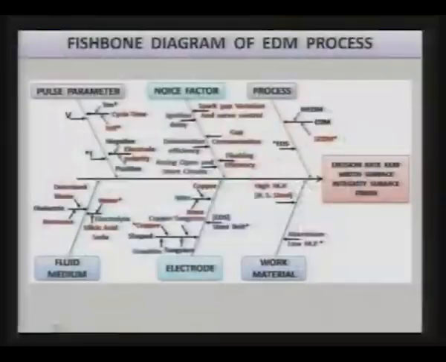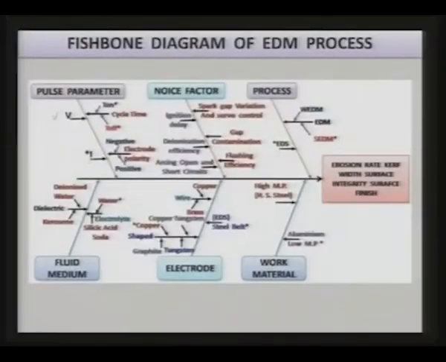First one is the voltage supplied across the circuit in general and breakdown voltage of the circuit. Then current that is flowing in the circuit, that is the charging circuit is there, discharging circuit is there, that we will discuss today. Then we are using the pulse power supply in EDM.